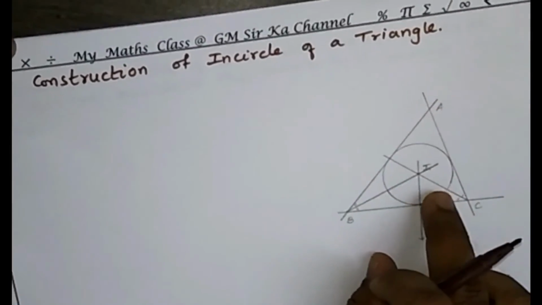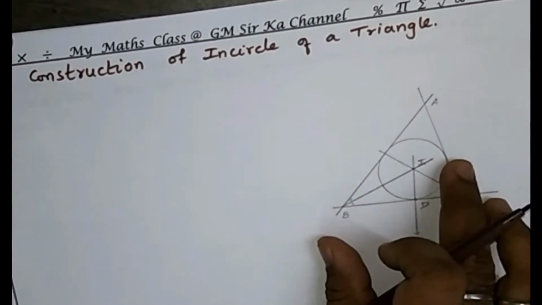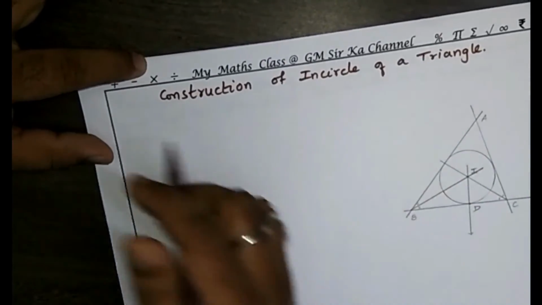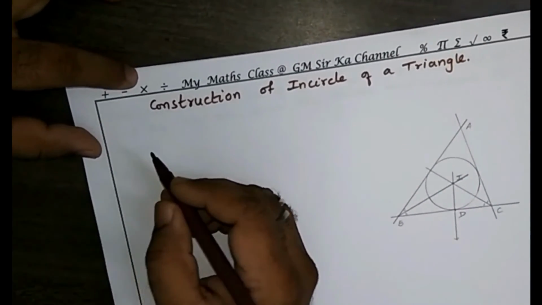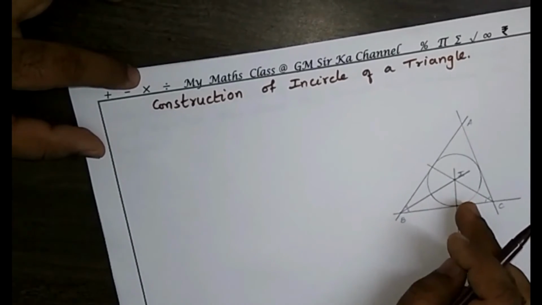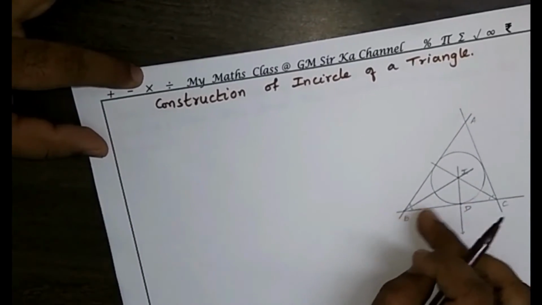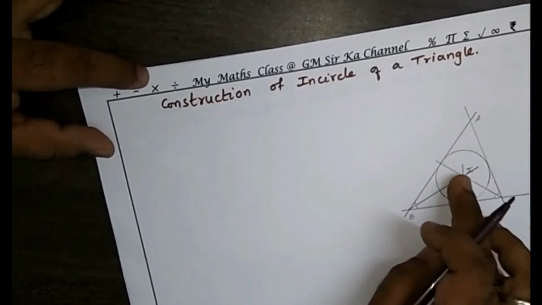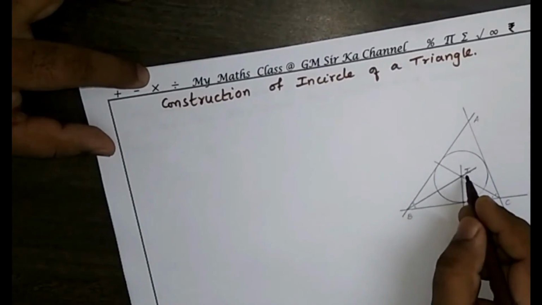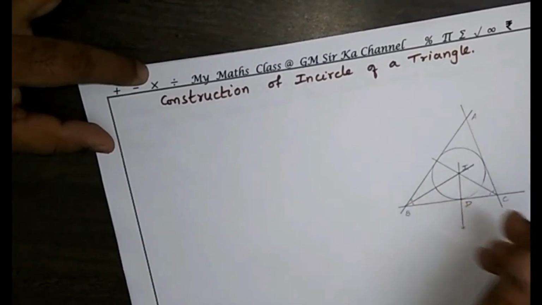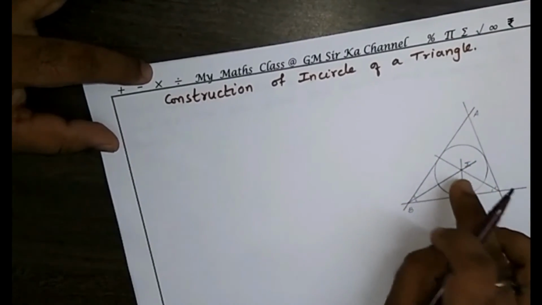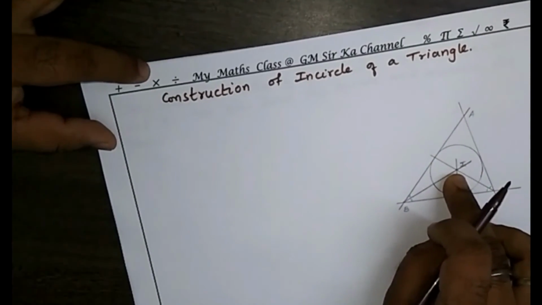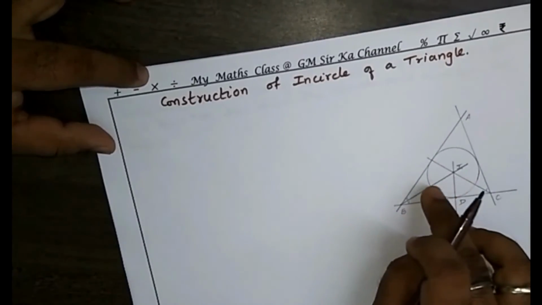So what is an incircle? An incircle can be drawn in the triangle by the point of intersection of the angle bisectors. This BI is the angle bisector, and CI is also an angle bisector, and I is the point of intersection of both the angle bisectors.